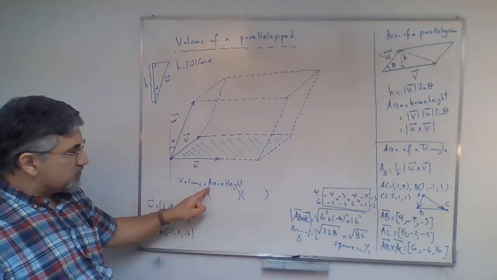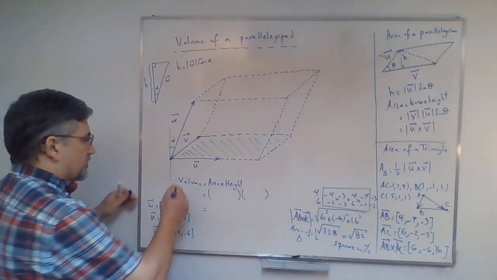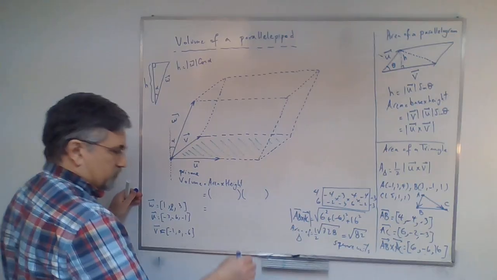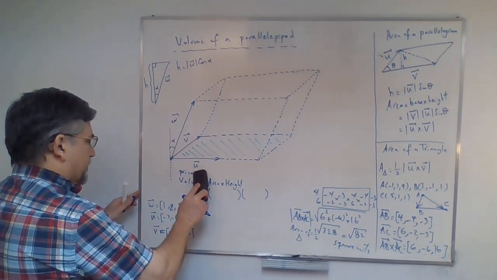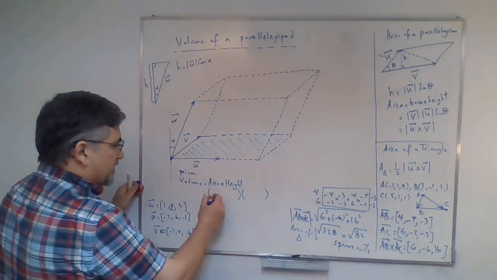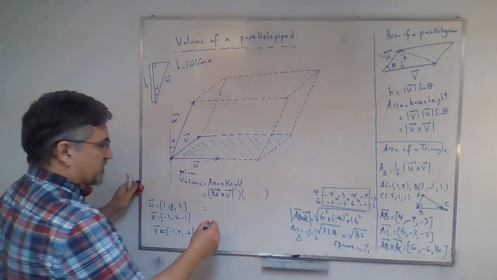So volume is area of the base, as I said, volume of the prism. So I put here prism volume. Prism volume equals area times height. The area is u cross v, its magnitude.